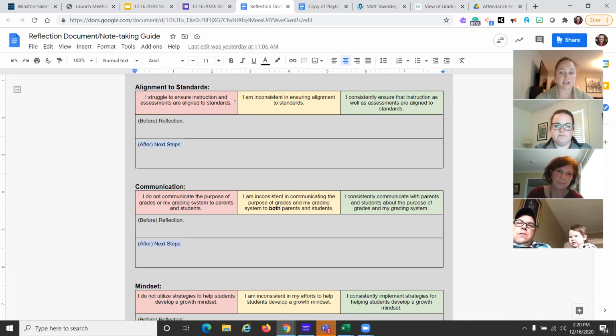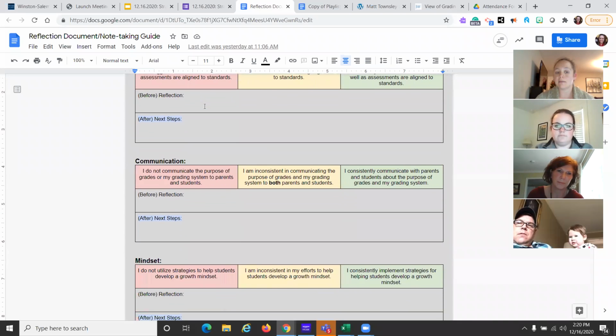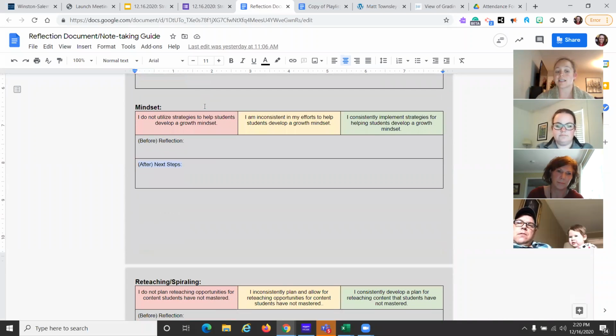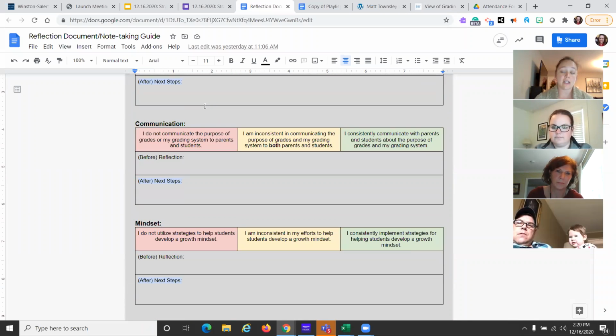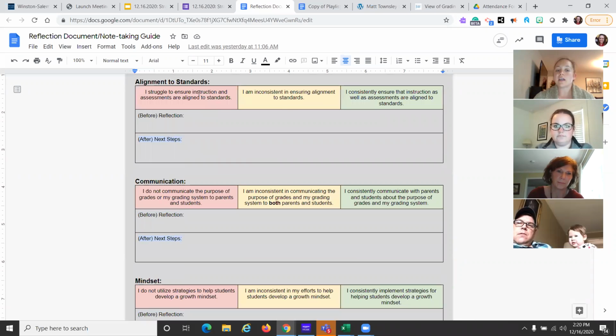Some of the strategies that our teachers are sharing today are laid out in here. There's a self-reflection piece to this. I want you to think about each one of these strategies: alignment to standards, communication, mindset, reteaching, and spiraling. Just kind of rate yourself.